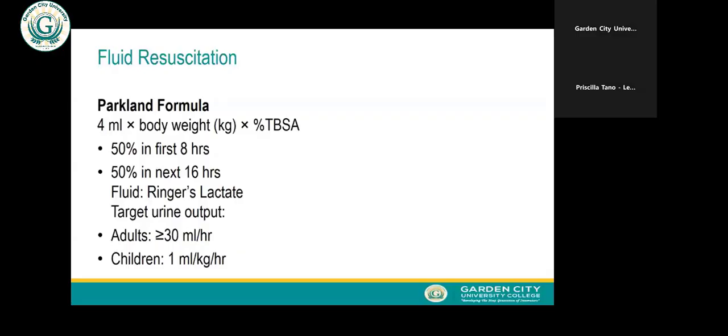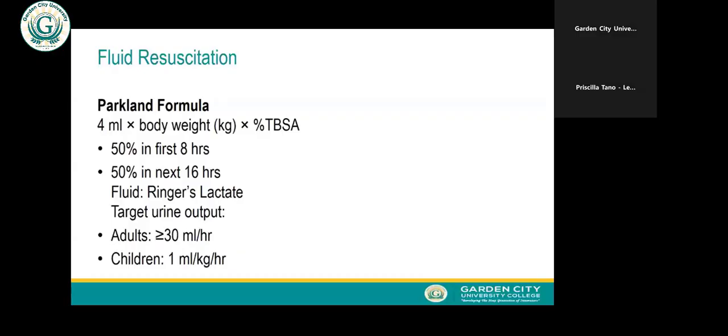Find out why we don't use sodium chloride, the normal saline. Find out why when we are resuscitating, we say we have to use Ringer's lactate, but not sodium chloride. Please find it. So now the Parkland formula, we use what? It's 4 mils of fluid times body weight times percentage of TBSA.